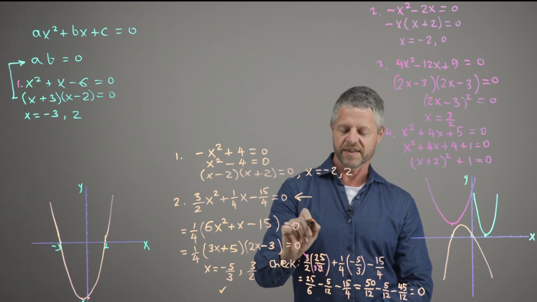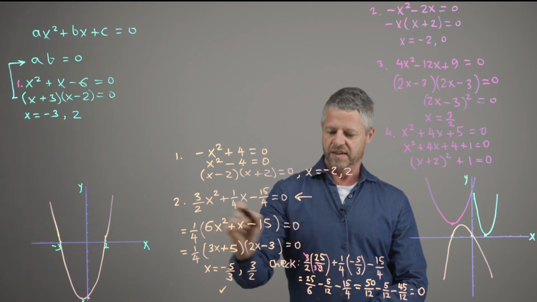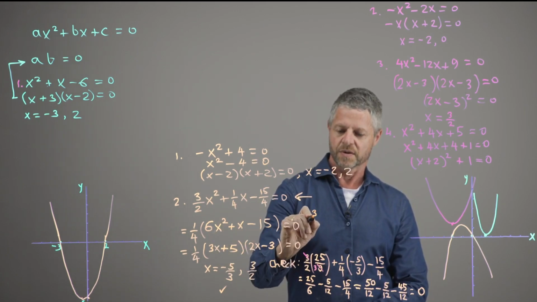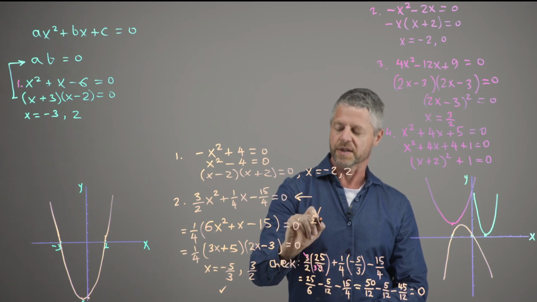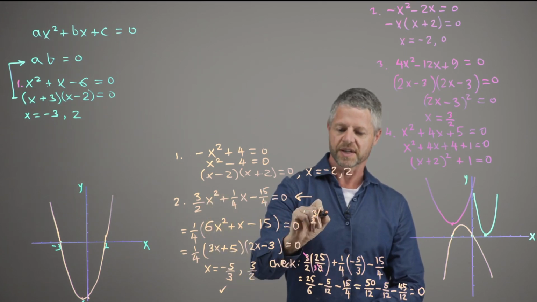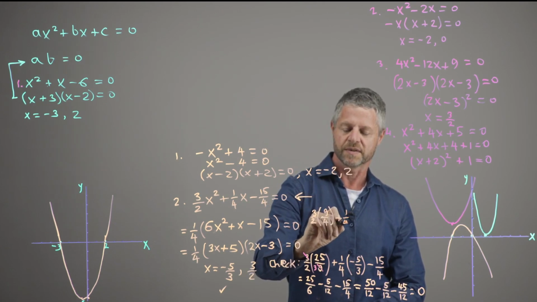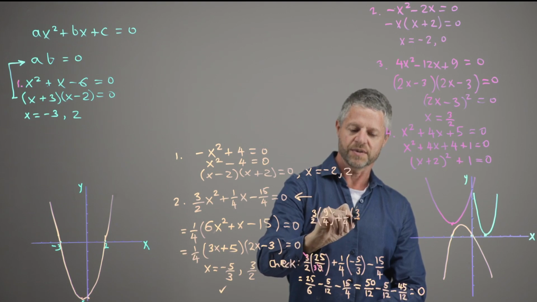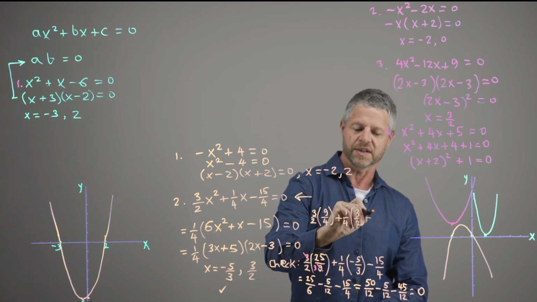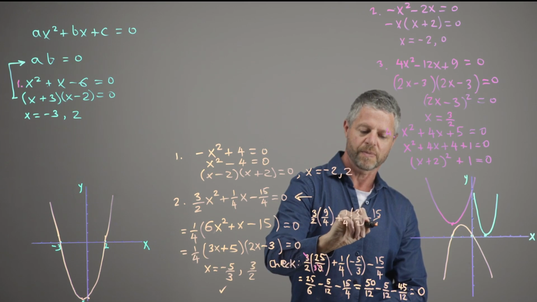So I'll do that here. 3 over 2 times 3 over 2 squared would be 9 over 4. And then plus 1/4 times 3 over 2. And then minus 15 over 4.